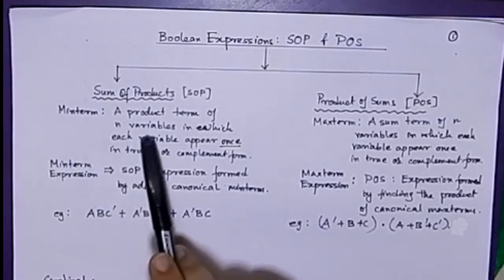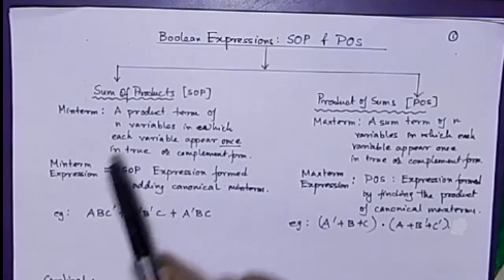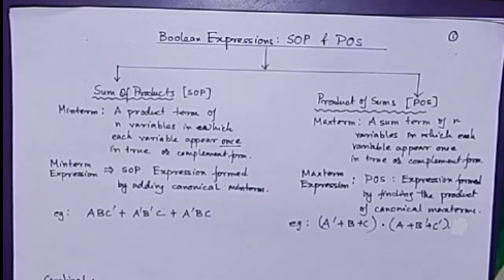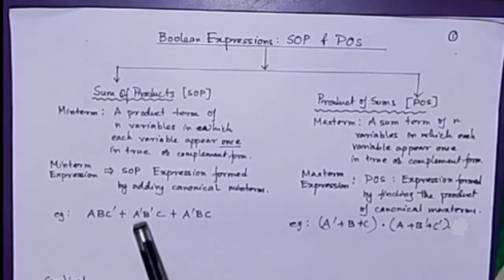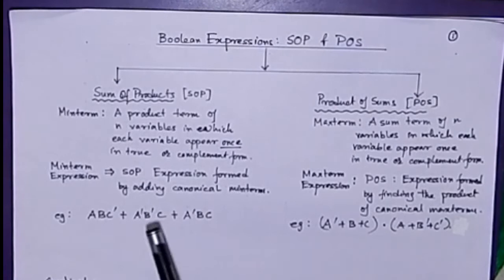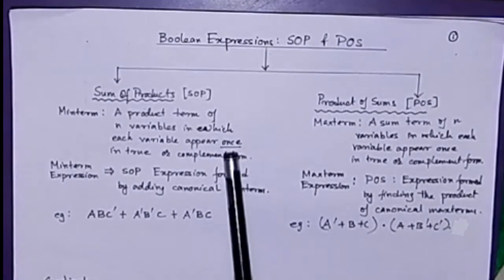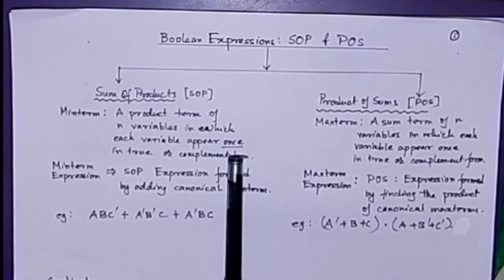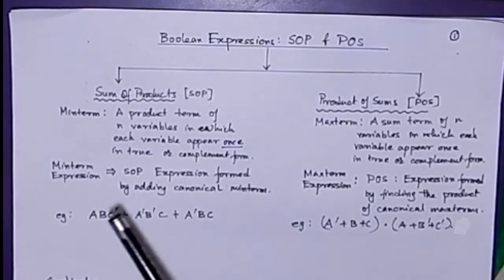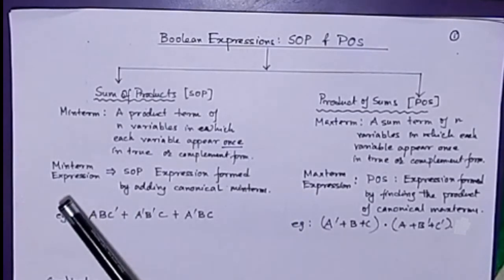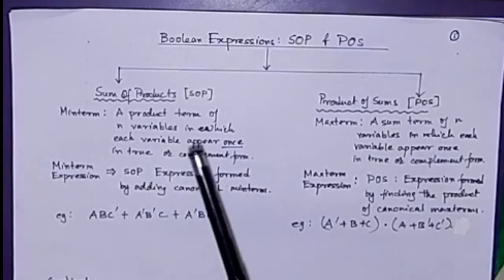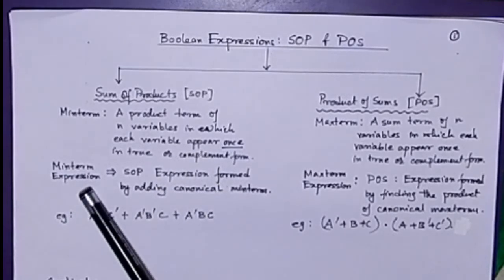A min term is a product term of n variables in which each variable appears once in true or in the complement form, that is either like a or a dashed, or c or c dashed, but it is important that it appears only once. Now hence the expression formed by adding such terms is known as the min term expression.